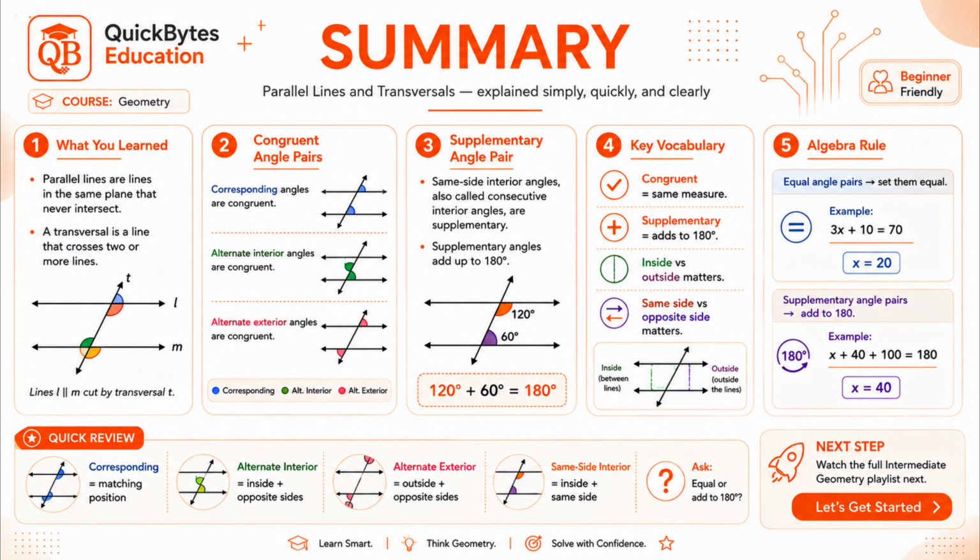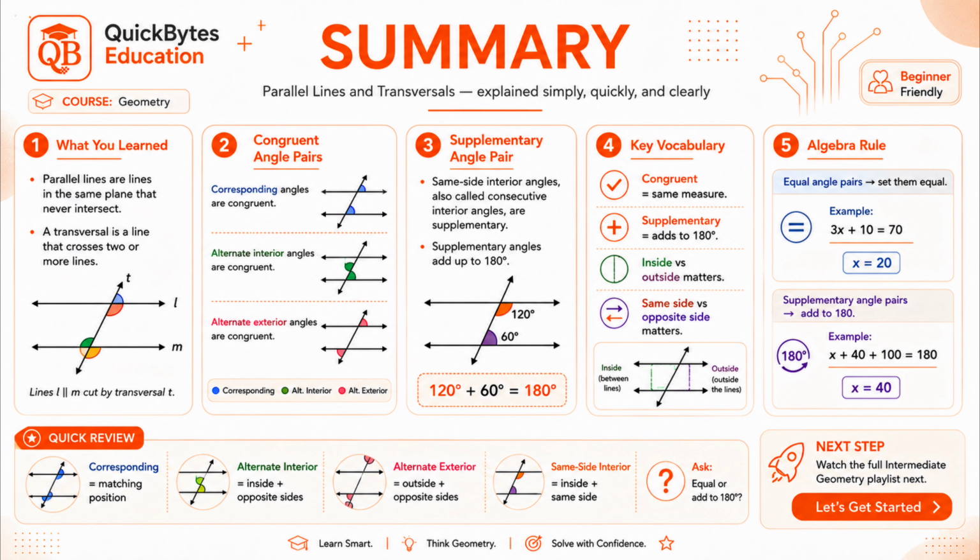Here's what you just learned. Parallel lines are lines in the same plane that never intersect. A transversal is a line that crosses two or more lines. When a transversal crosses parallel lines, it creates special angle relationships. Corresponding angles are congruent. Alternate interior angles are congruent.